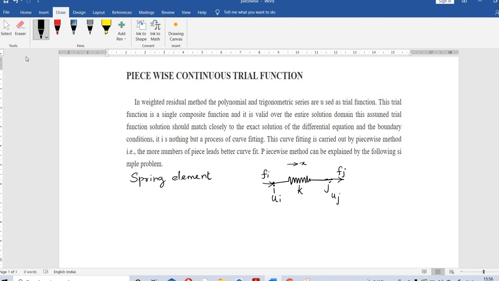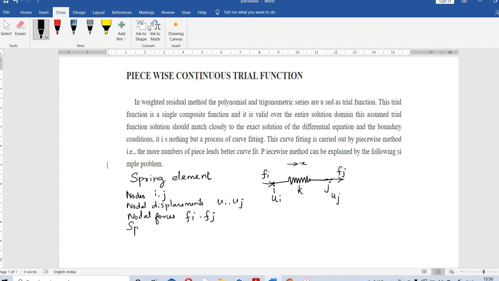This is the representation of a spring element, where the nodes are represented as I and J. The nodal displacements are ui, uj. Nodal forces are fi and fj.